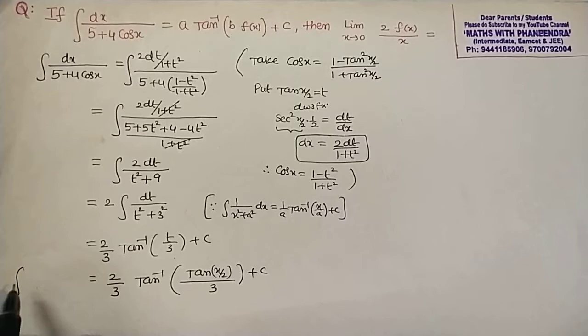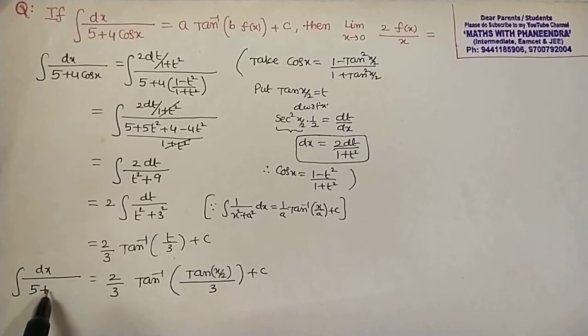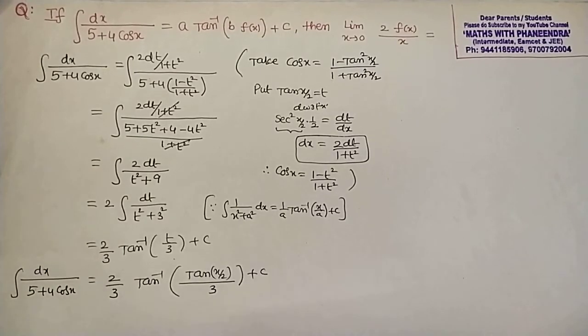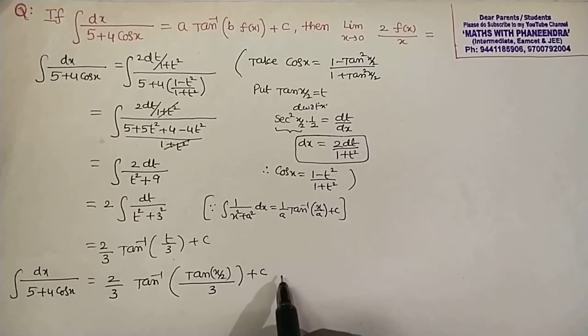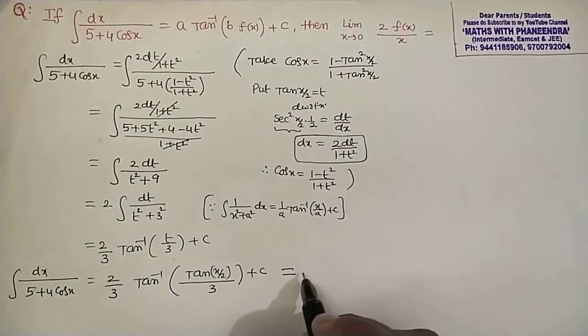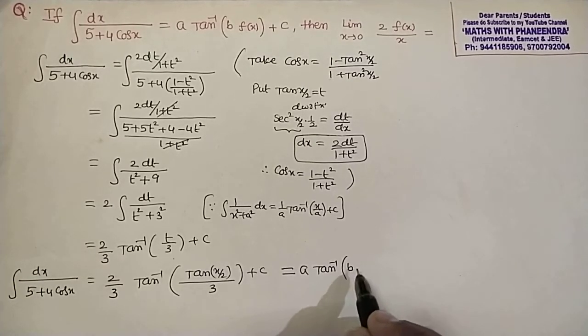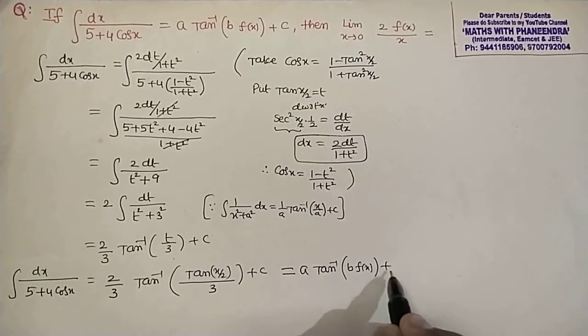This integral dx by 5 plus 4 cos x is equal to this one, which is also equal to a into tan inverse of b into f of x plus c.